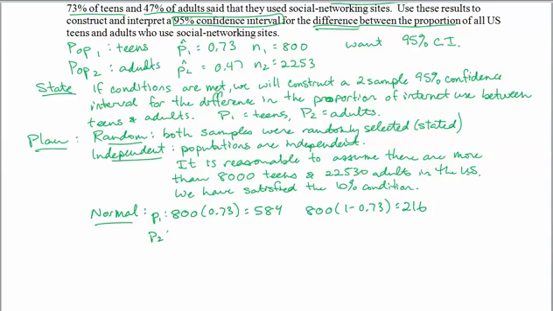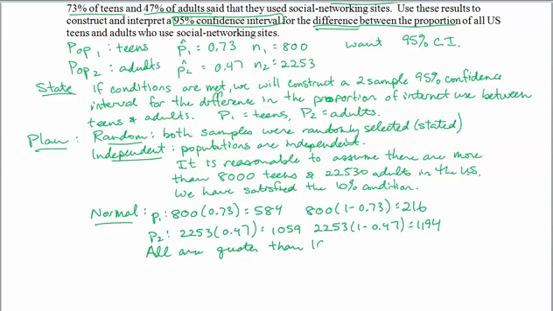For the second sample, 2253 times 0.47 equals 1059, and 2253 times 1 minus 0.47 is 1194. All are greater than 10. So we can assume normality in our sampling distribution.